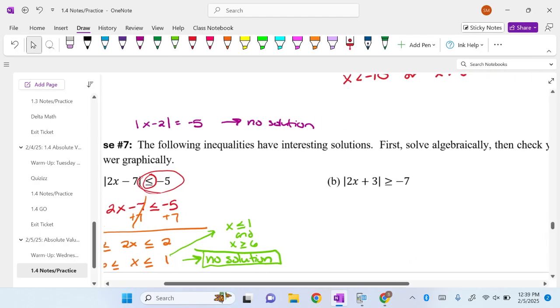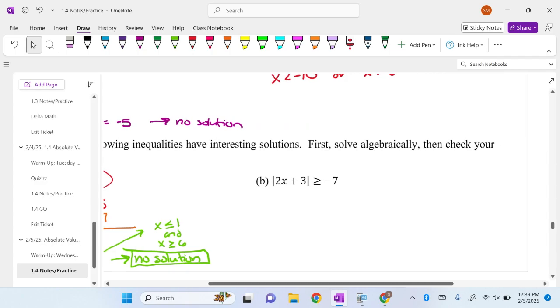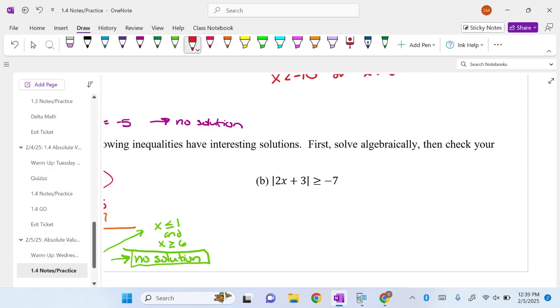But now let's look at what happens when you have a greater than. All right. If we have a greater than, that means we're separating it into two separate equations. So I have 2x plus 3 is greater than the original, so negative 7. Or 2x plus 3 is less than or equal to the opposite, which is 7.